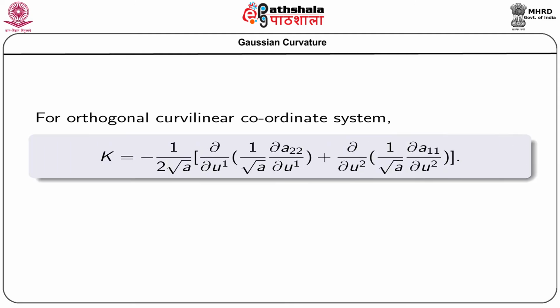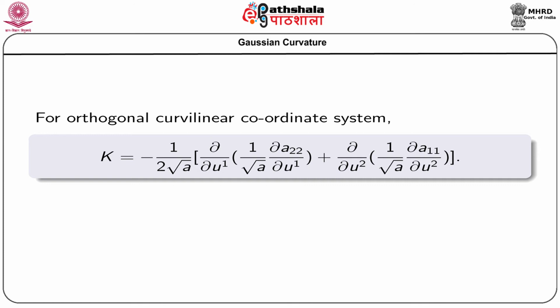And for the orthogonal curvilinear coordinate system, the Gaussian curvature comes to this form: minus 1 by 2 root a, del del u1 of 1 by root a del a22 by del u1, plus del del u2 of 1 by root a del a11 by del u2.